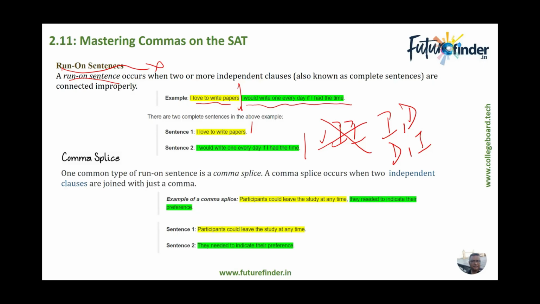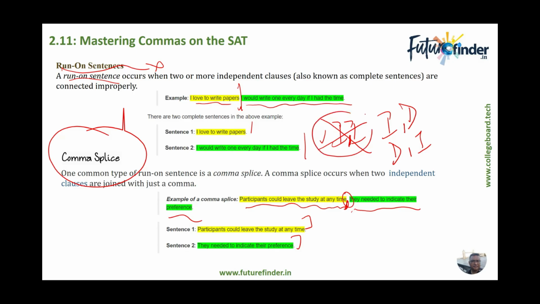So if I write a sentence like this, participants could leave the study anytime they needed to indicate their preference, both of them are independent clauses, and if I demarcate them by using a comma, this is called a comma splice error. So a comma splice error is when two independent clauses are demarcated by the use of a comma. That's an error.